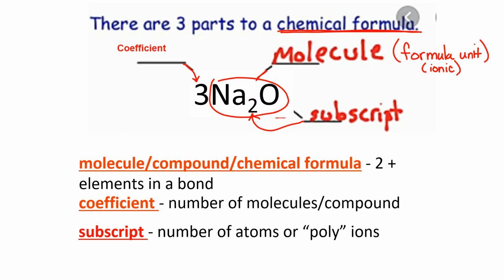There's 6 sodiums. What does it tell me about oxygen? 3. What does it tell me about total number of formula units? Well, this total number of atoms is 9, but total number of formula units is I have 3. All right. Formula unit. When I say formula unit, I'm talking about the Na2O, the whole thing.